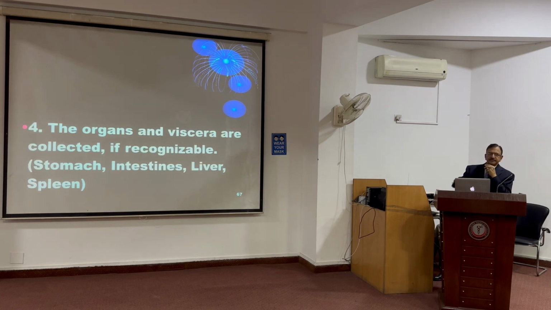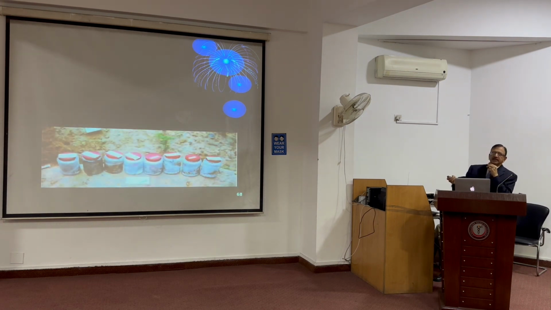Then the organs of viscera, as we discussed, if identifiable, you can collect the stomach, a piece of liver, intestine, and spleen. If they are not recognizable, then you can get the mass which is available. So these are the various jars which are collected and then dispatched to the chemical examiner.